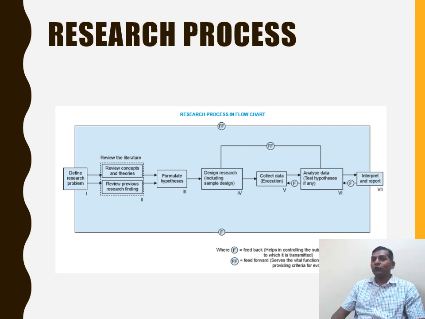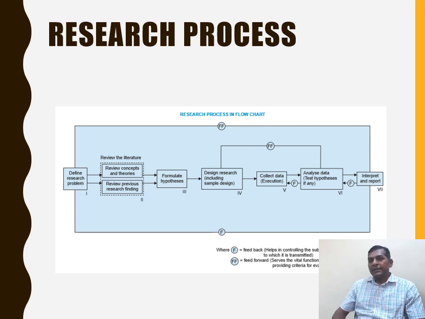For those who have not done it, define a research problem. Defining a research problem means first define a broad area, then go for finding smaller and smaller insight into it, and go for a specific topic on which you really want to work.